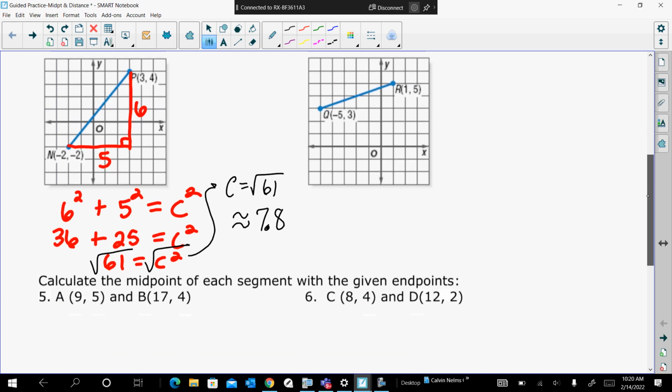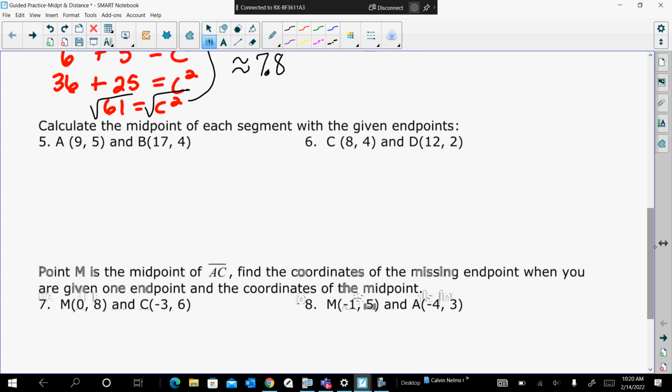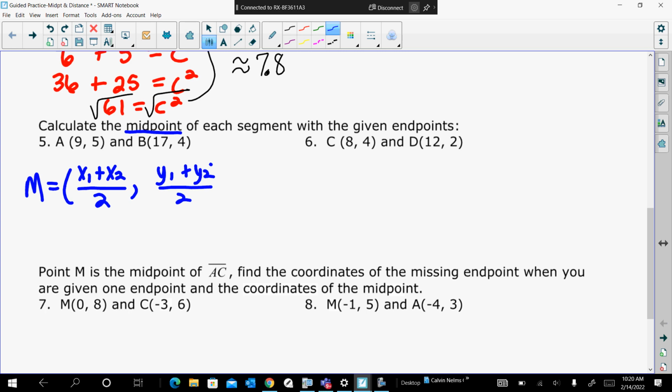All right, so the first section is distance formula. The second section here is midpoint. So the midpoint formula, capital M, is x1 plus x2 divided by 2, comma, y1 plus y2 divided by 2. So we're using a different formula for this section.